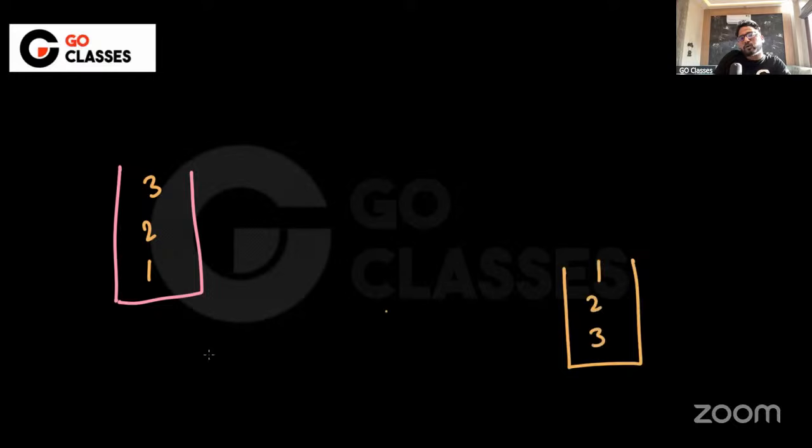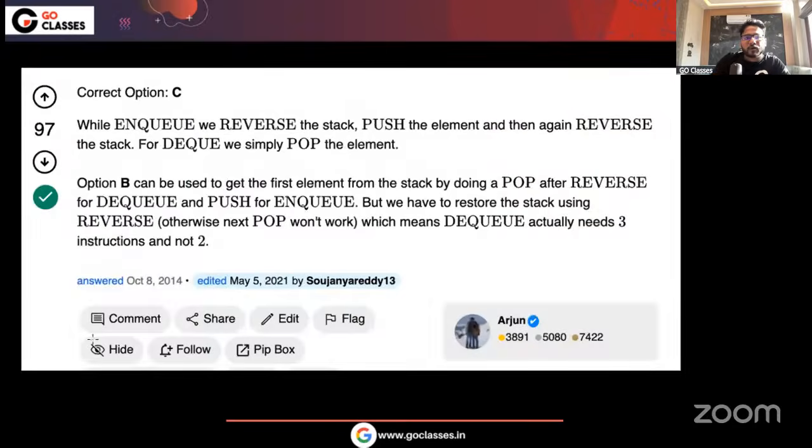Let's suppose I want a DQ operation, which is fine, I can immediately pop it. But for NQ, whenever I'm doing NQ, I will be pushing it and reversing it. See, while NQ, we reverse the stack, push the element, and again reverse the stack.